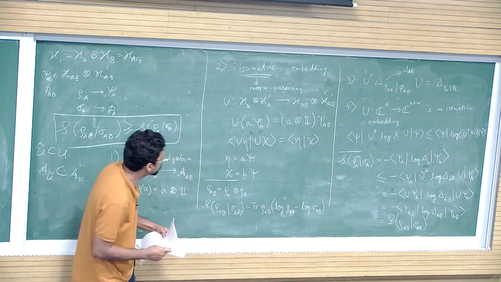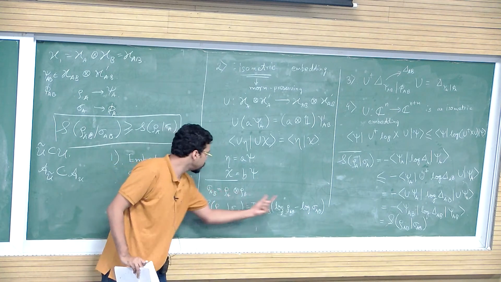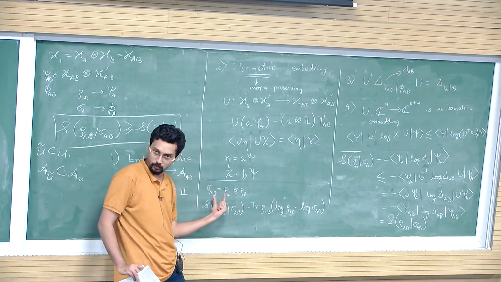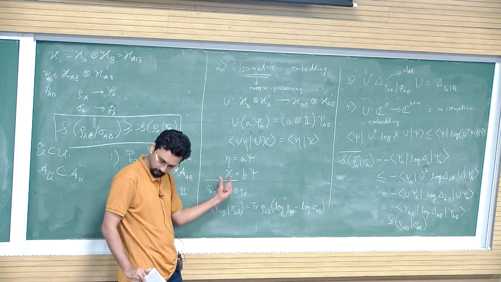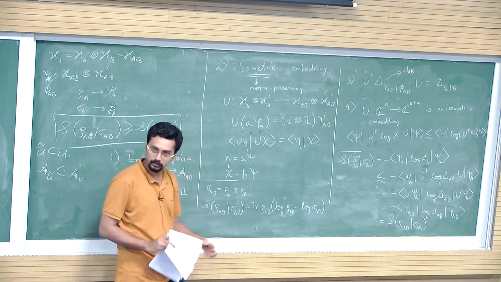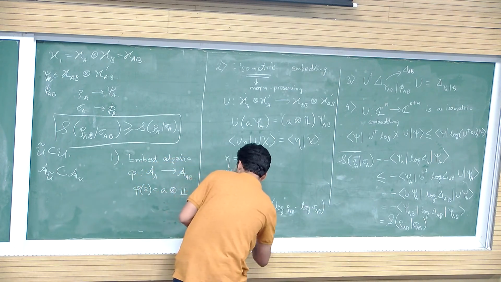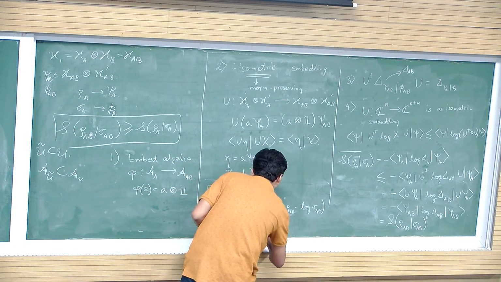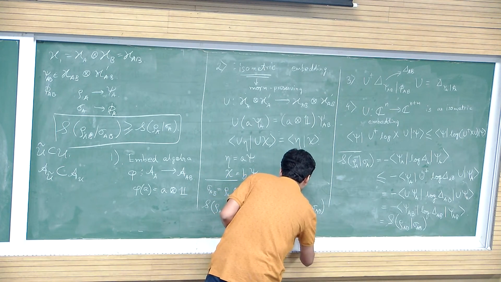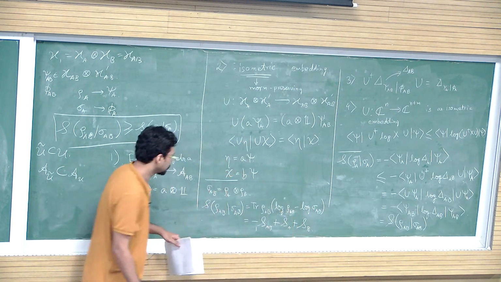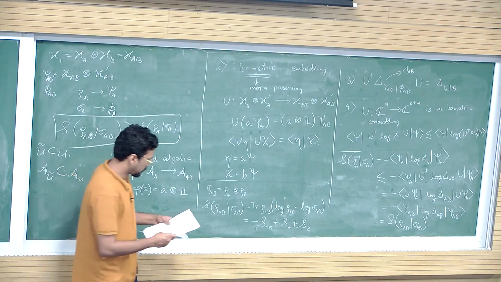So you take this definition, substitute sigma there, the log is first going to act on rho A times identity, minus log identity minus identity times log of rho B, and if you simplify it, this is nothing but minus SAB plus SA plus SB.